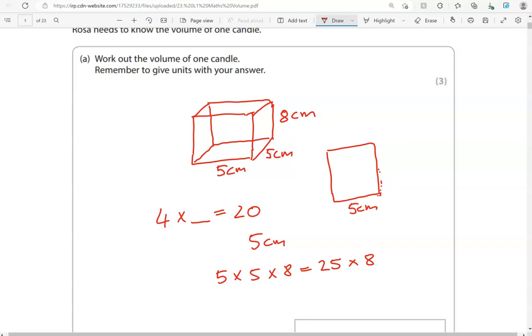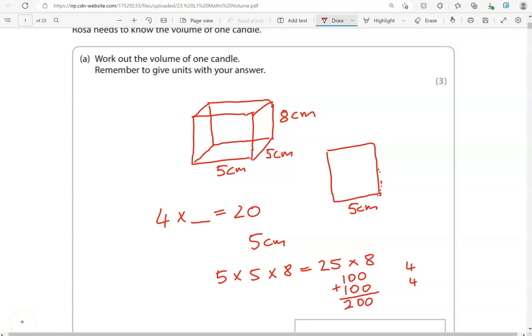Now, there are different ways we could multiply these. I could split 8 into 4 and 4, because 4 lots of 25 give us 100, and another 4 lots of 25, which is 100. So in total, that is 8 lots of 25, which is 200.